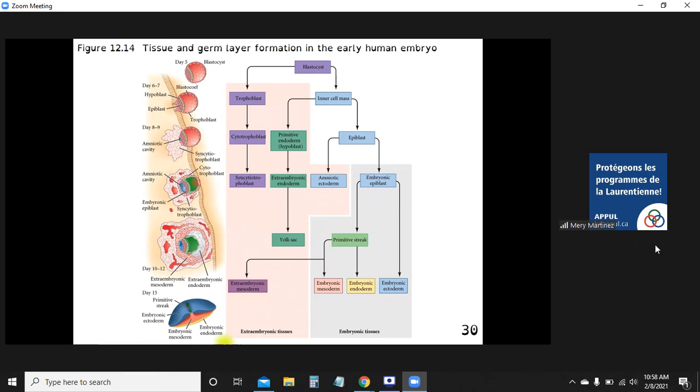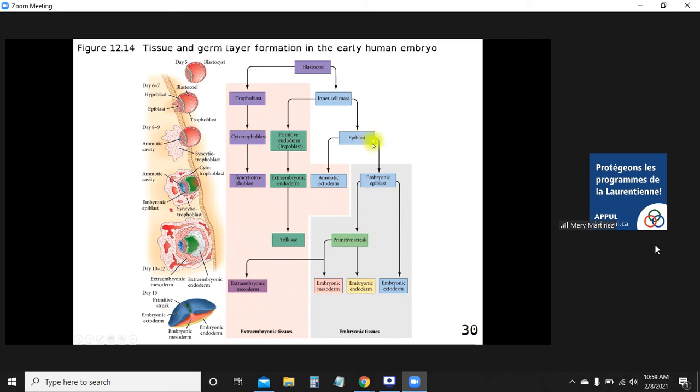So if we have here our first group, okay, so we have the trophoblast, cytotrophoblast, and the syncytial trophoblast, which is this one here. This is the blastocyst. So we have the inner cell mass, that is the group that's going to form the embryo. So we're going to have the epiblast, which is this section here.